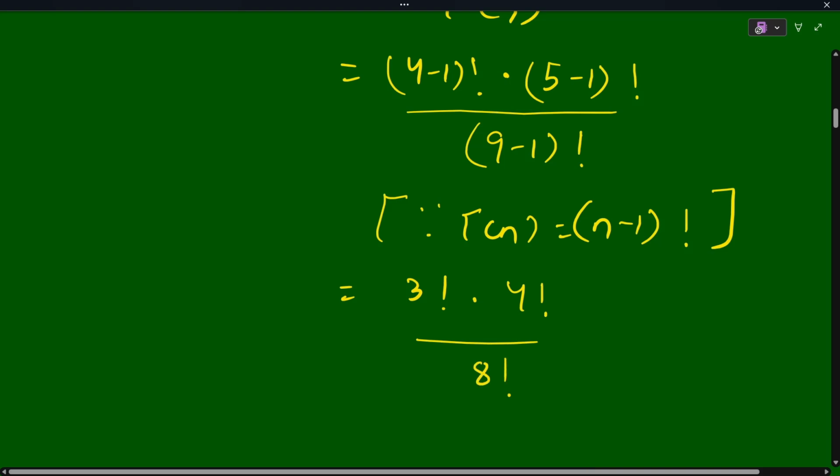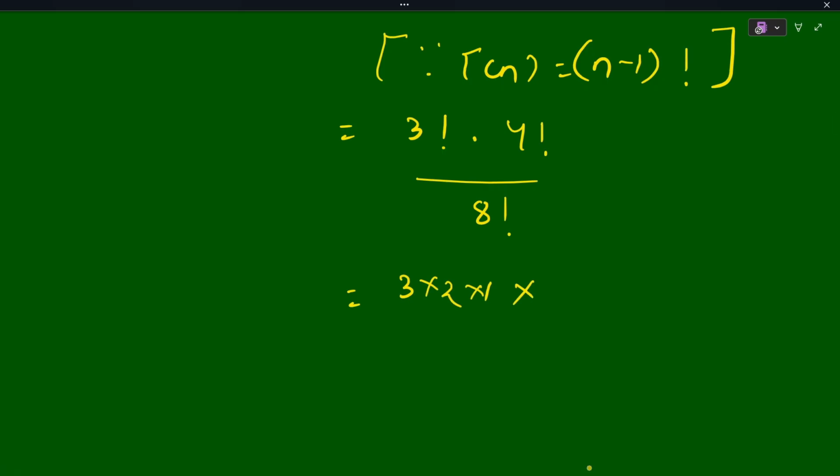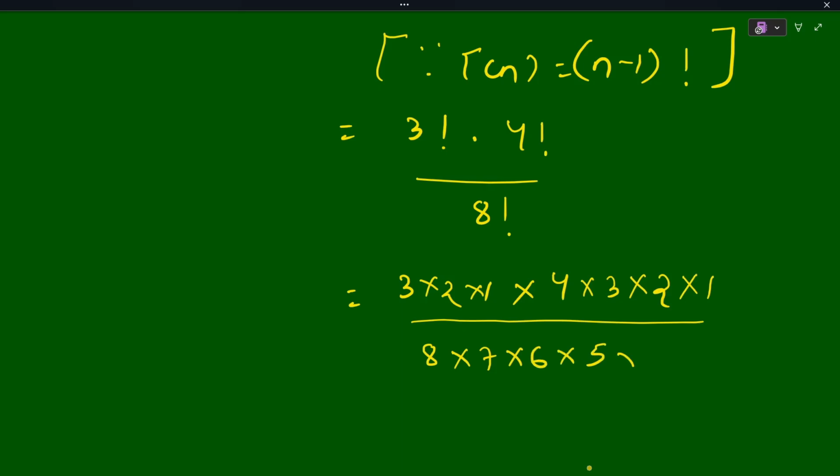You all know the factorial values. 3 factorial would be 3 into 2 into 1, 4 factorial would be 4 into 3 into 2 into 1, and 8 factorial would be 8 into 7 into 6 into 5 into 4 into 3 into 2 into 1.